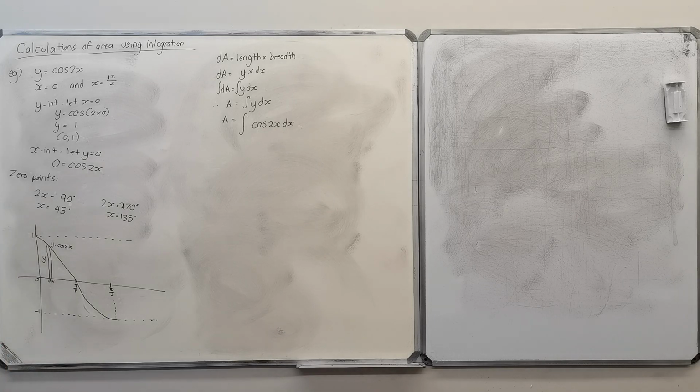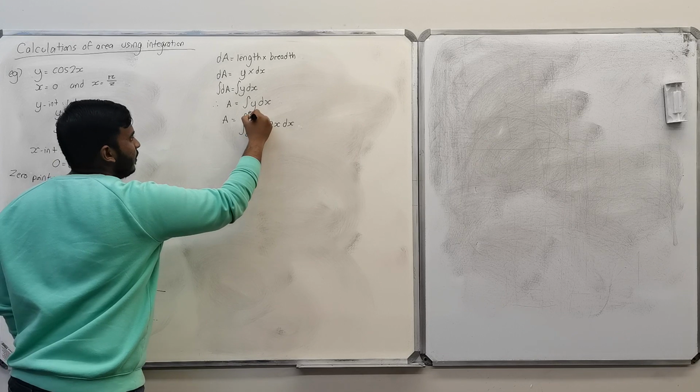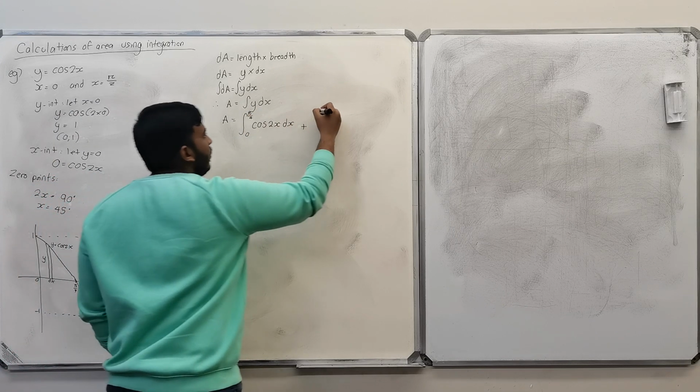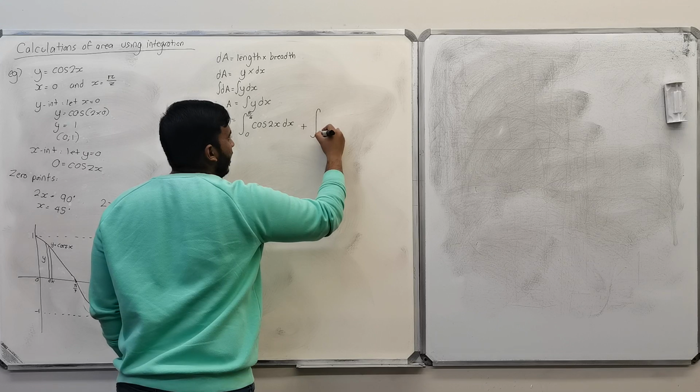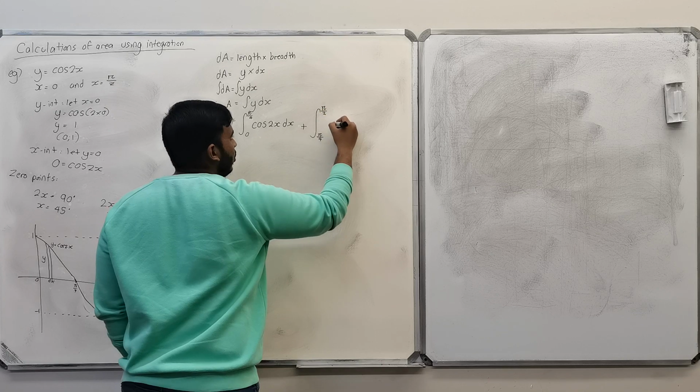Right? Now let's look at what we are integrating. We are integrating this portion plus this portion. So we're going to have to integrate here and work out the area and add it to this value to get the total area. Do you all agree with me? Yeah. So for this first portion, we're integrating from 0 to pi over 4. Plus, we're going to integrate cos 2x dx from pi over 4 until pi over 2.